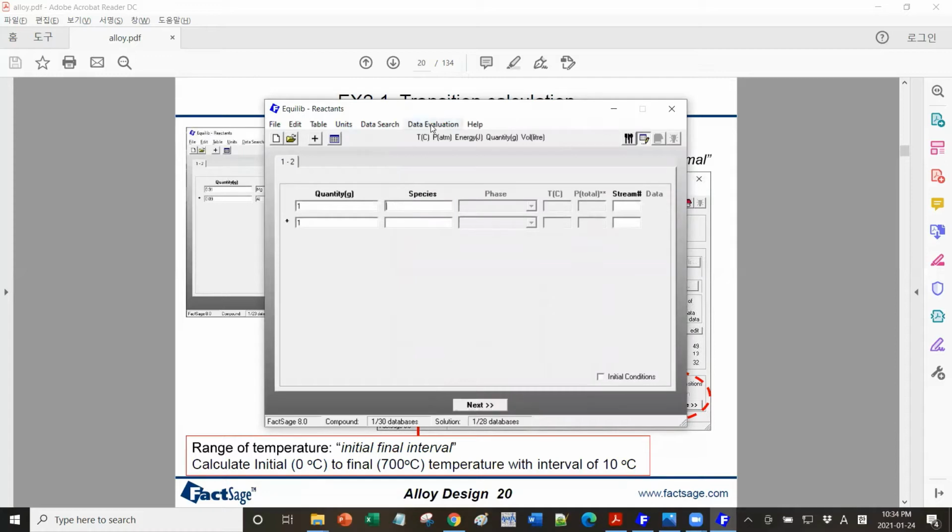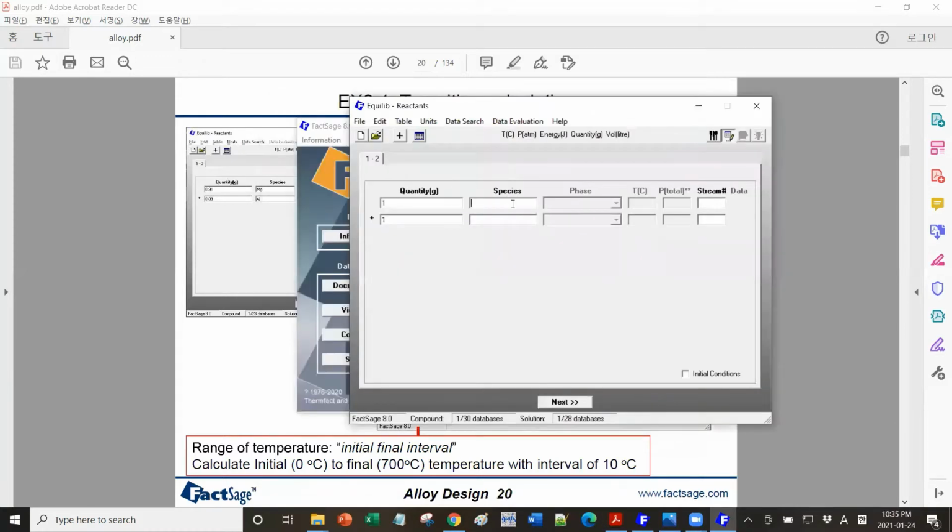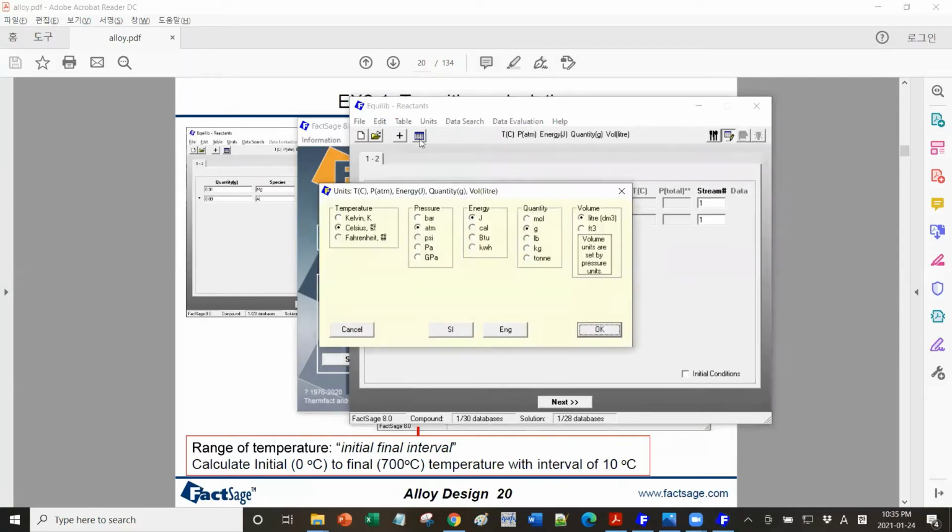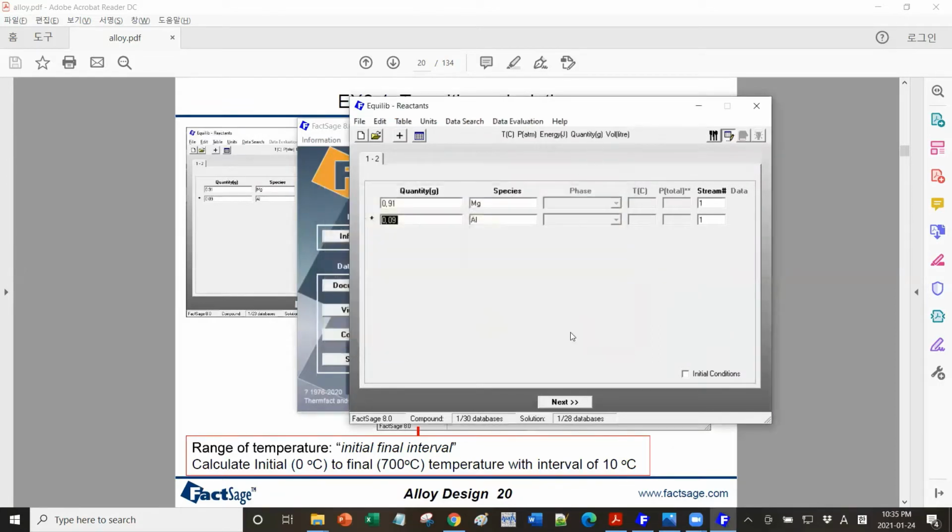And add species: magnesium and aluminum, 0.91 and 0.09. Before we calculate, we always have to check the units: Celsius, atm, joule, gram. Okay, so click OK.